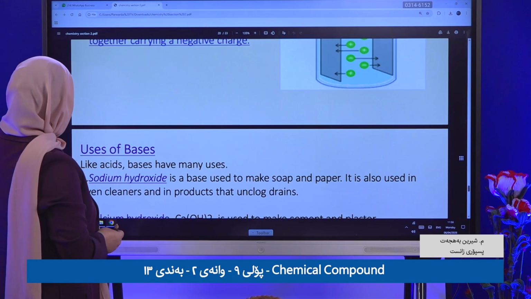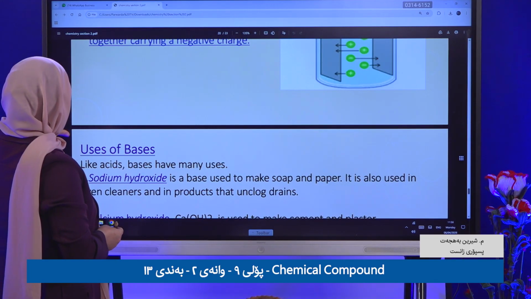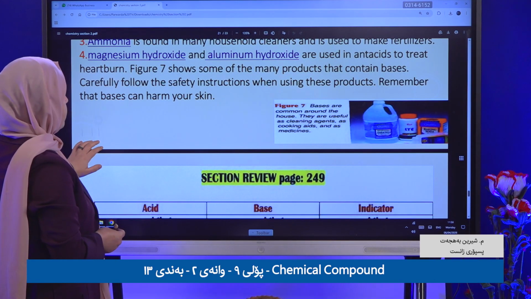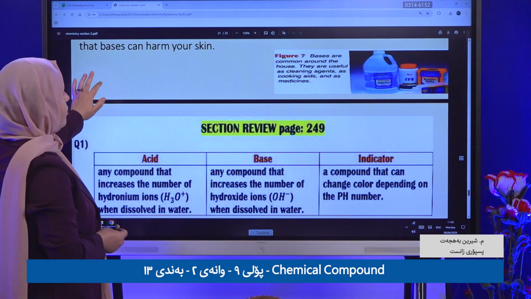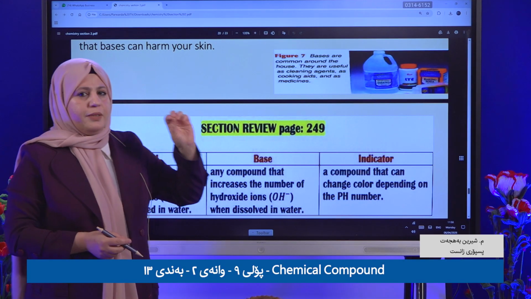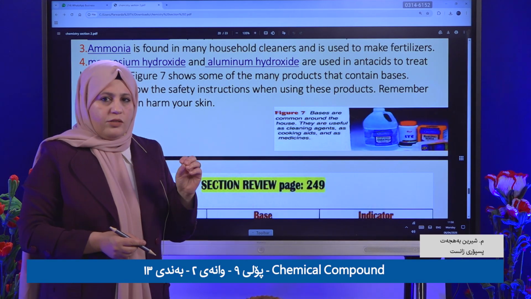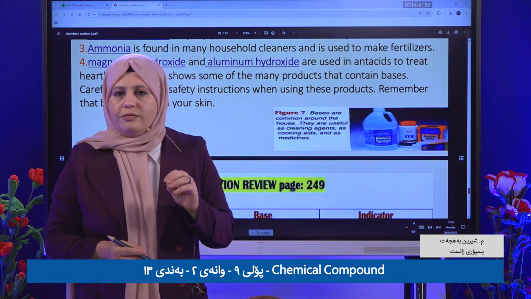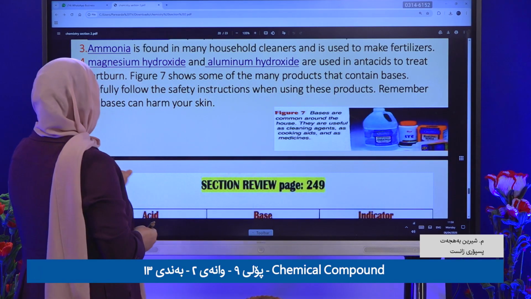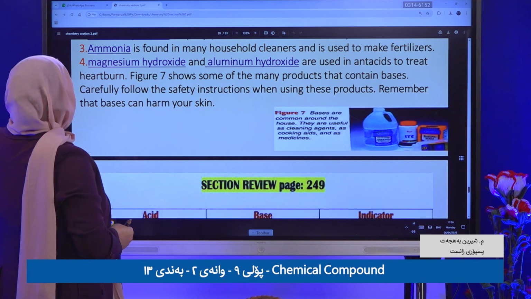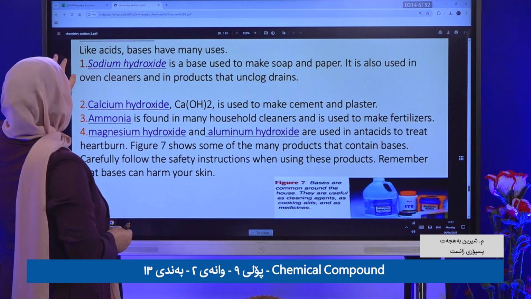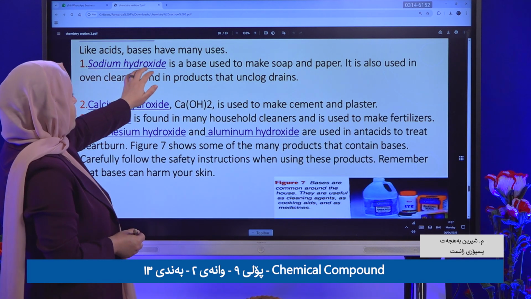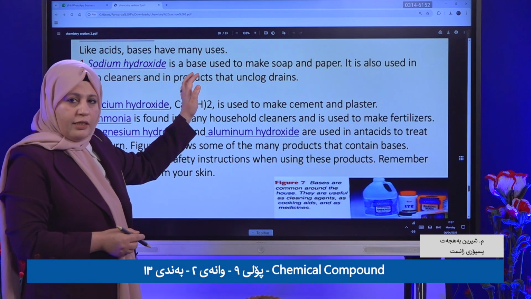Okay. Let's go to uses of bases. Please memorize the names of bases and acids mentioned in your book. Again, I repeat, it's very important for the national exam. Clear? Sodium hydroxide is a type of what?